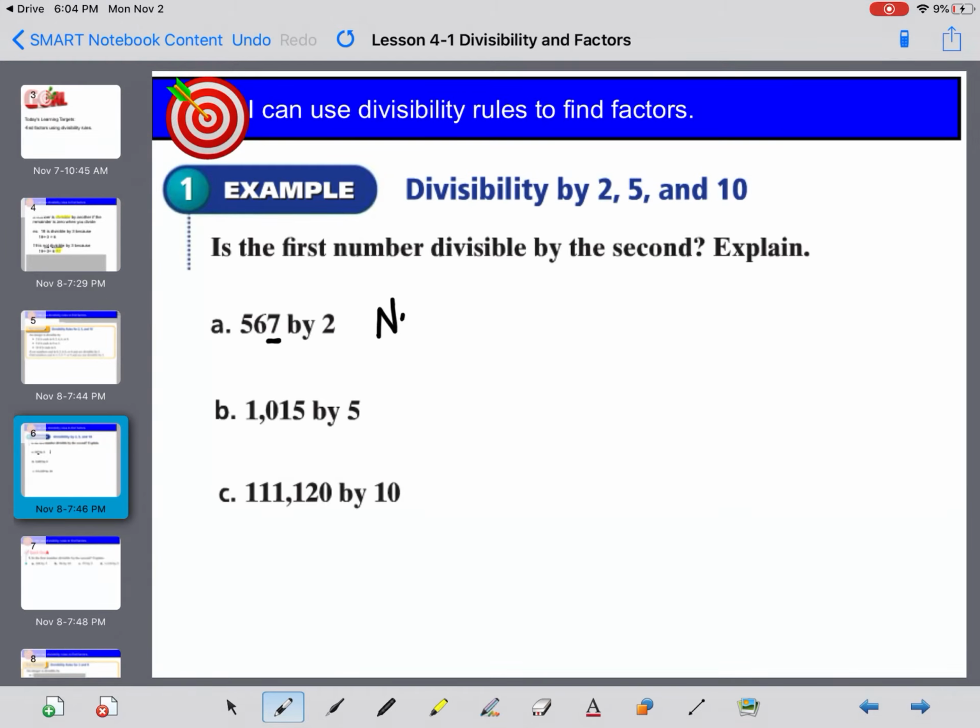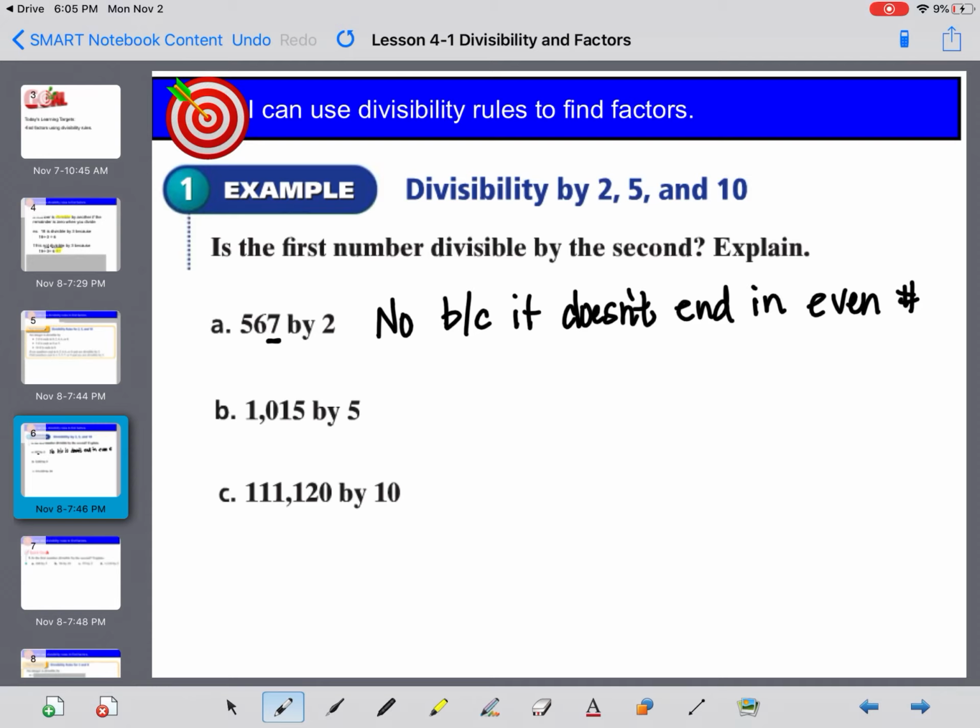So my answer would be no, because it doesn't end in an even number.